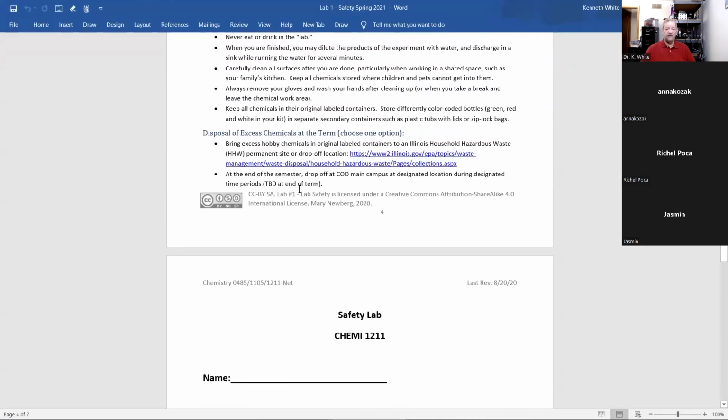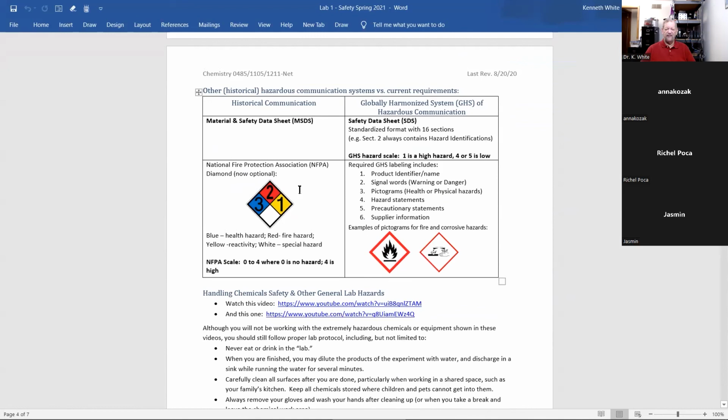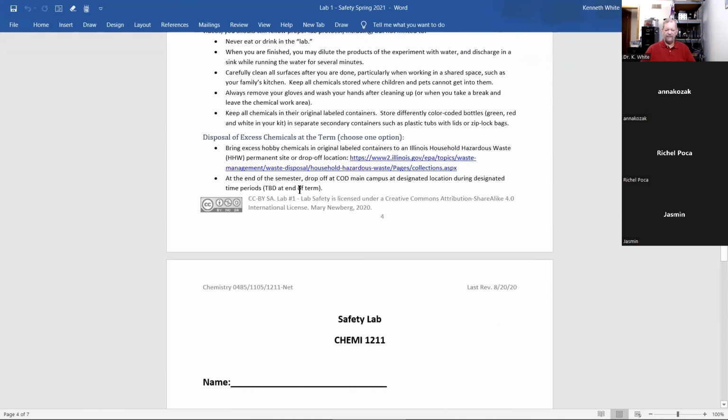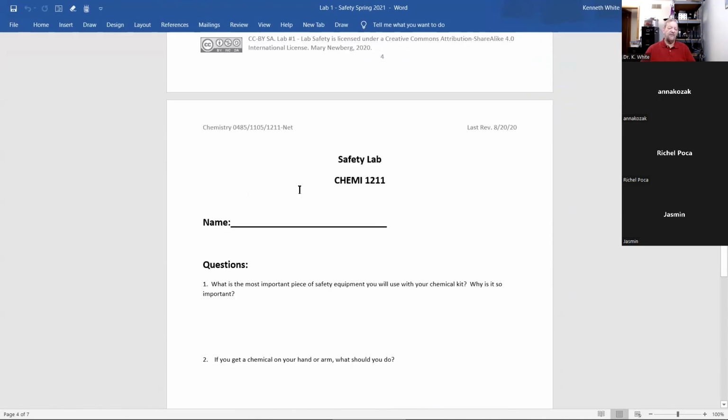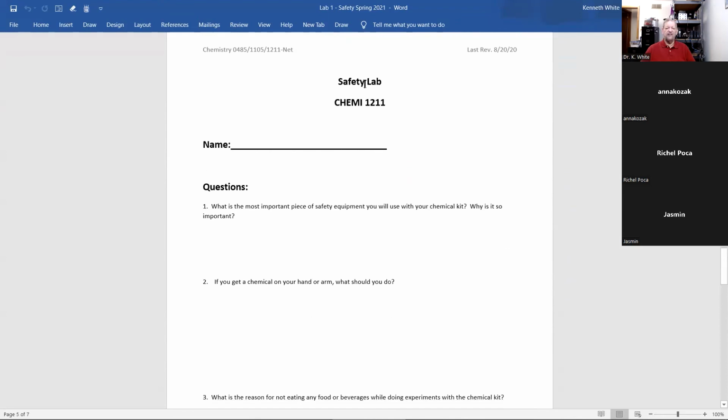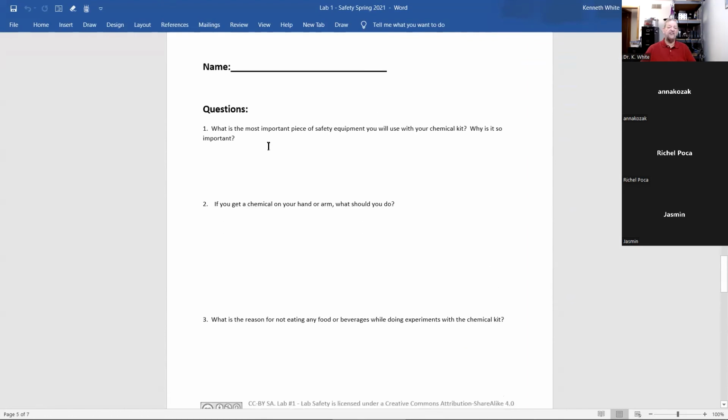Now, when you download either the PDF or the Word document, you scroll down to page 5, you'll see Safety Lab Chem 1211, a place for your name, and then some questions. What is the most important safety equipment in your chemical kit, and why is it important?